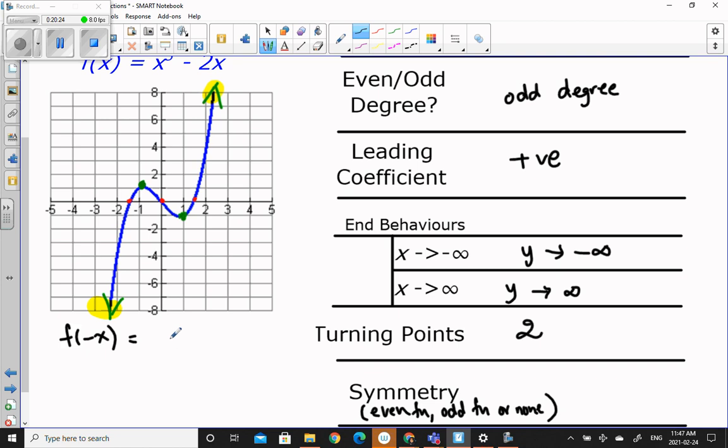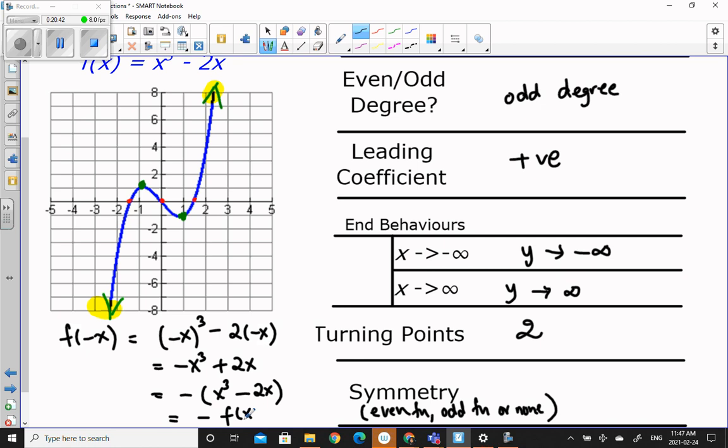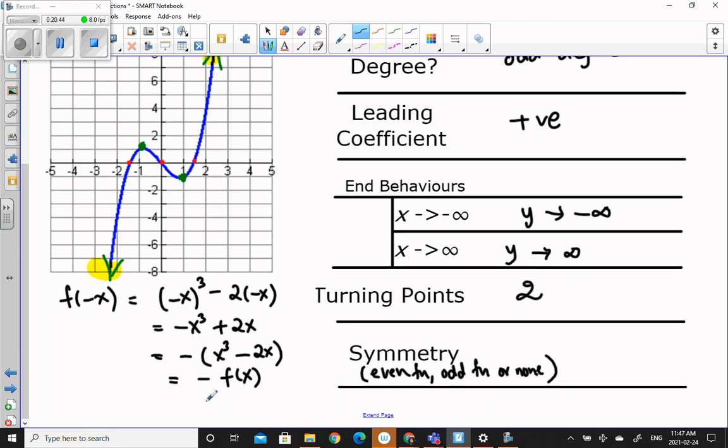So f of minus x would be minus x cubed minus 2 times minus x, which would be negative x cubed plus 2x. Factor out the negative and you get x cubed minus 2x. So it's minus f of x, which means it is an odd function. So the symmetry is odd. It's symmetrical about the origin, which means if you reflected this function horizontally and then vertically, you will still end up with the same shape.